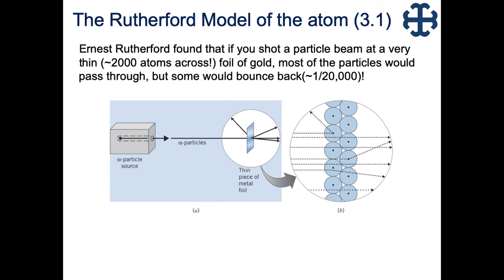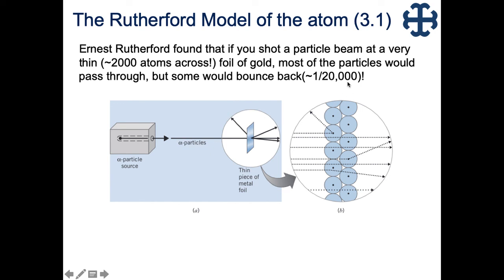Okay. Switching gears a little bit, getting back to atoms that we talked about in class on Wednesday, we're going to talk a little bit more about how we know that atoms exist and how we represent them. So there was a guy about 120 years ago or so that found that if you shot a particle beam at an extremely thin gold foil, you would actually get some of the particles that would bounce off of it.